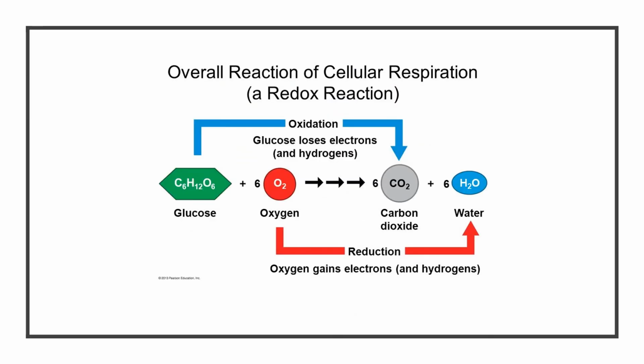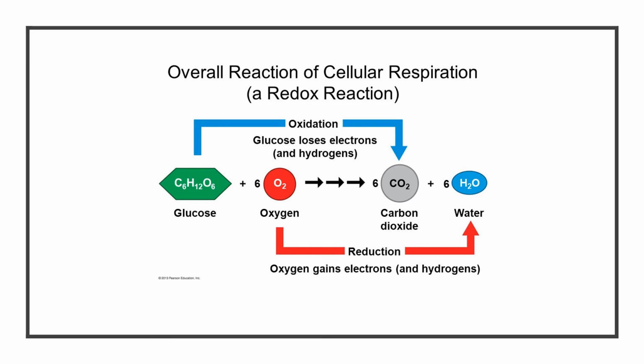Like photosynthesis, respiration is an oxidation-reduction reaction. The pathways of aerobic respiration oxidize, or remove electrons from, glucose and reduce, or add electrons to, oxygen. Because of oxygen's strong attraction for electrons, this reaction is easy, like riding a bike downhill.